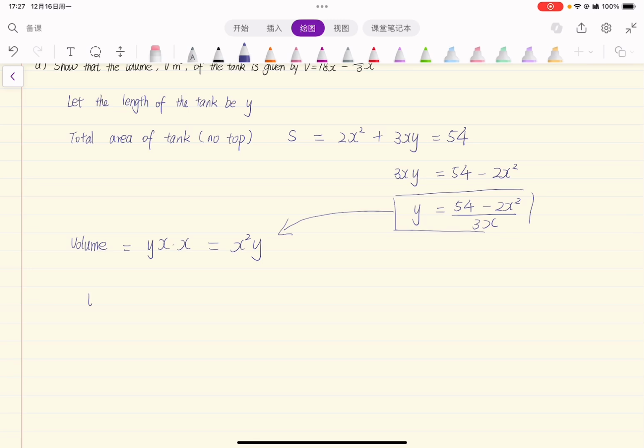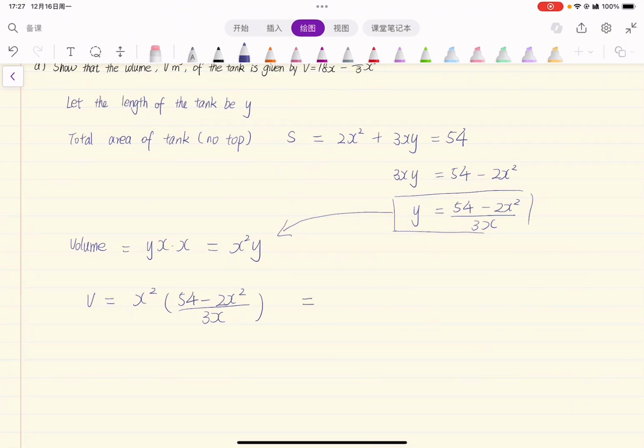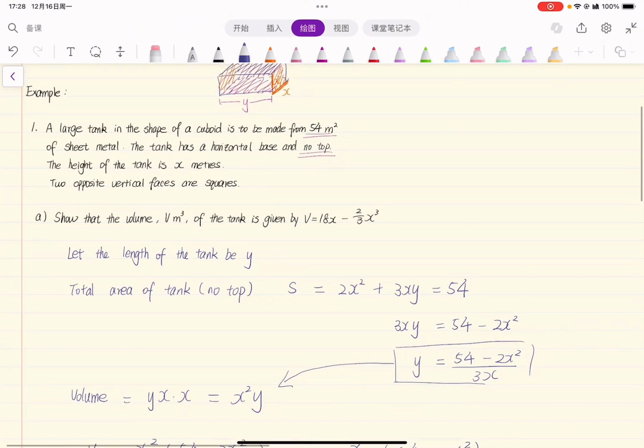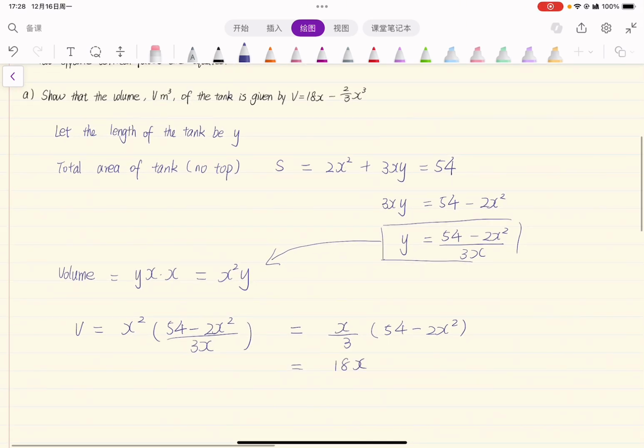We have V equals x squared times 54 minus 2x squared over 3x. Then we rearrange that. We have x over 3 times 54 minus 2x squared, which equals 18x minus 2 over 3 x cubed. So we can see we have the same expression, so we get the correct answer.